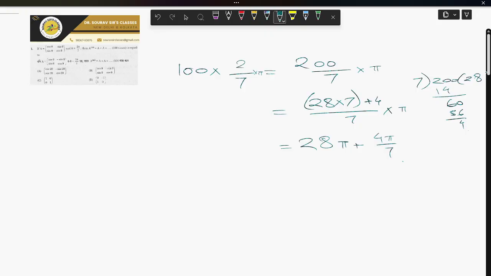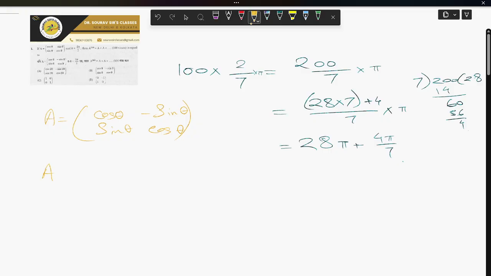Let our A be cos theta, minus sin theta, sin theta, cos theta. This is a rotation matrix.